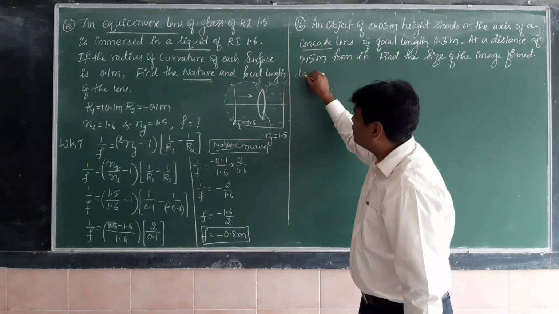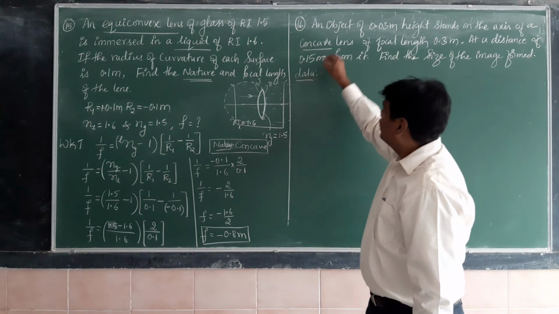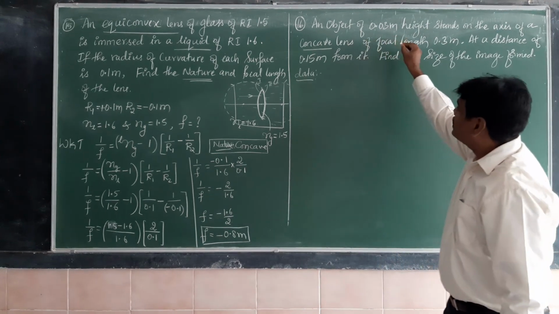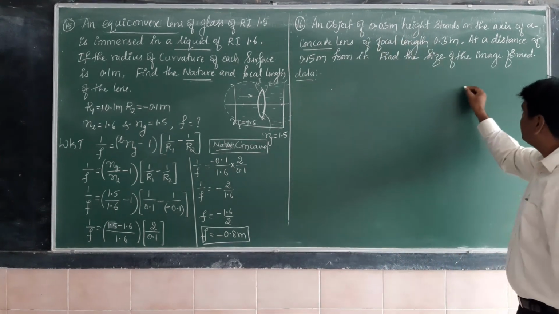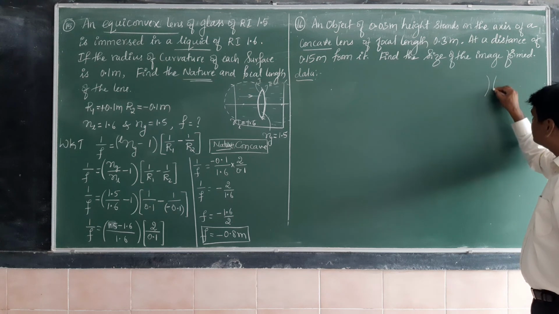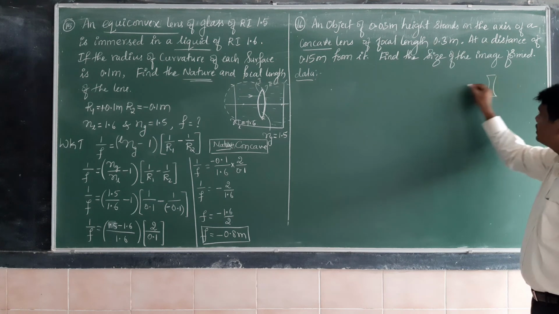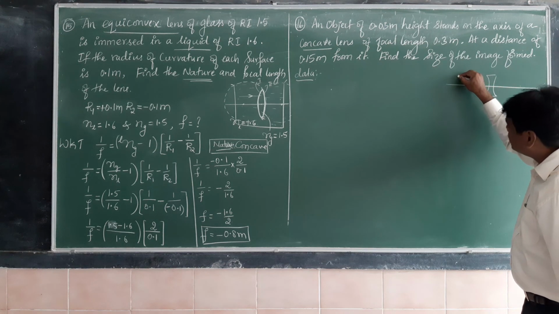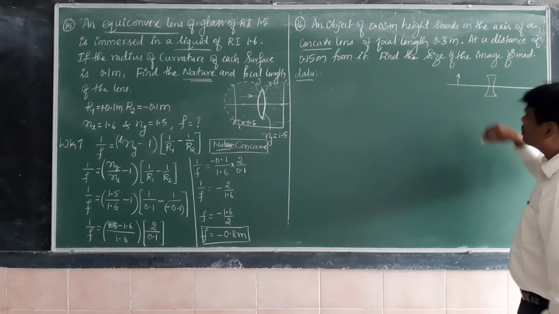See, according to the given data, an object of 0.03 meter height, say it is a concave lens. This is the principal axis. To this principal axis, an object is placed like this, in this direction.